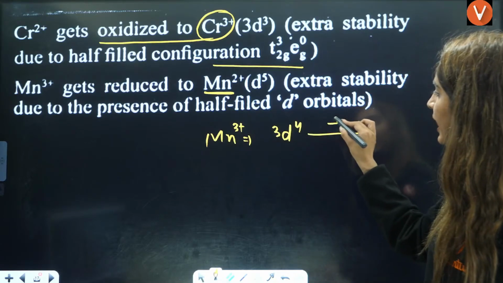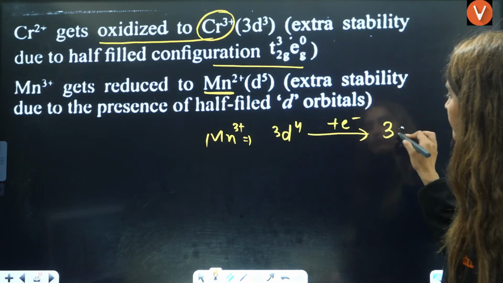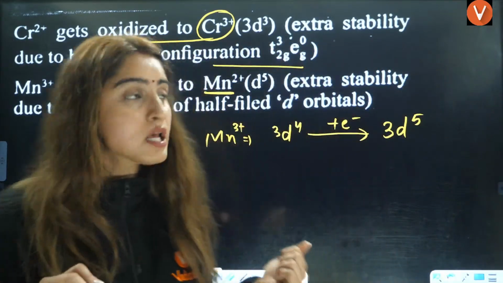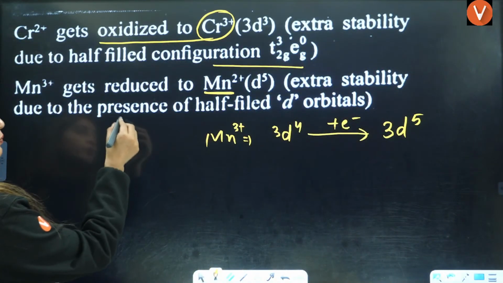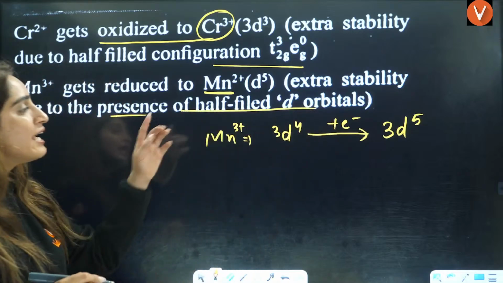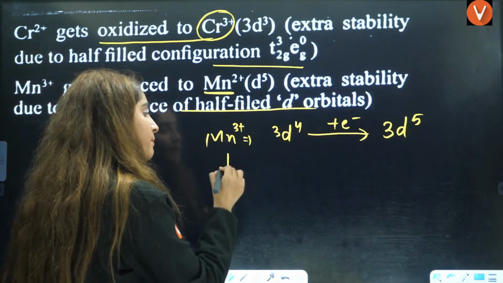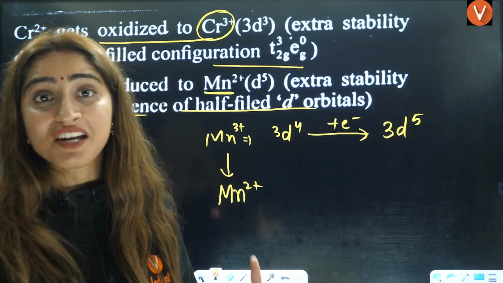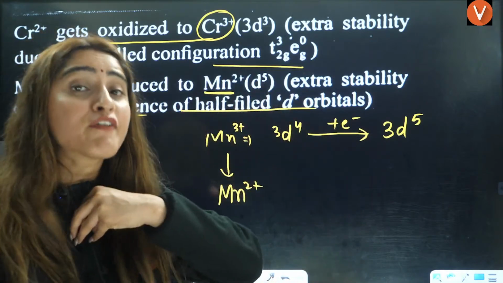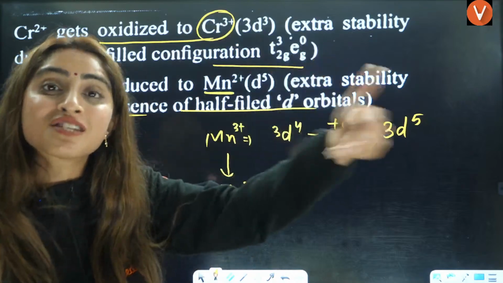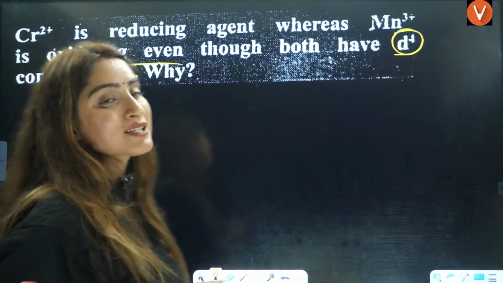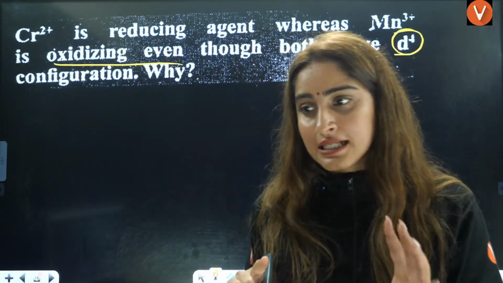It would want to gain 1 electron and get converted to 3d5 because it is a half-filled stable configuration. So, extra stability due to the presence of half-filled d orbitals, it would want to convert from Mn3+ to Mn2+. That is the reason the oxidation number is decreasing. It itself is getting reduced, it will oxidize something else, and that's how it behaves as a very good oxidizing agent, right?